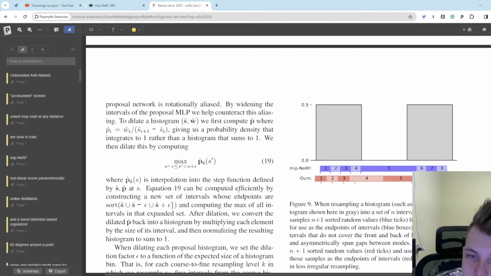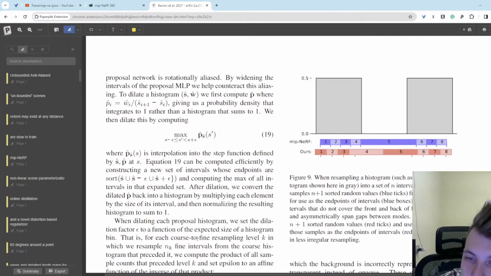Equation 13 can be computed efficiently by constructing a new set of intervals whose endpoints are sorted, and computing the max of all intervals in that expanded set. After dilation, we convert the dilated p back into the histogram by multiplying each element by the size of its interval and then normalizing the resulting histogram to sum to 1.